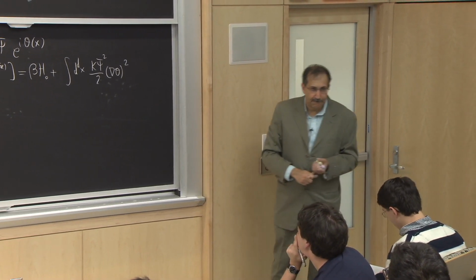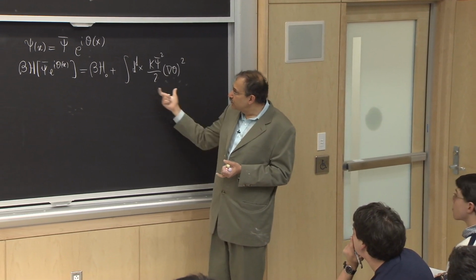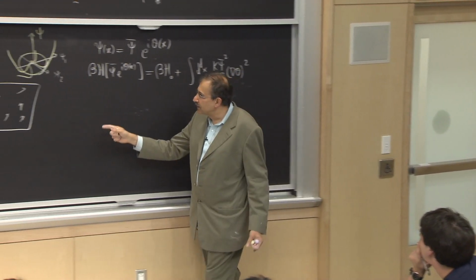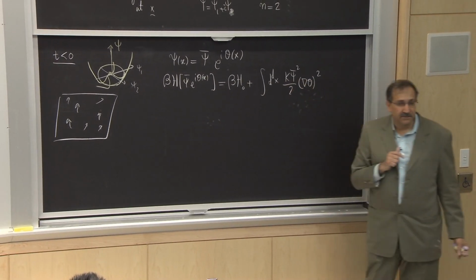So the probability of a particular configuration of theta across the system is given by this formula.